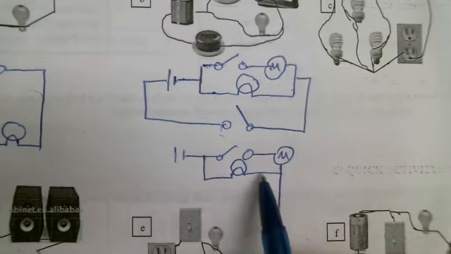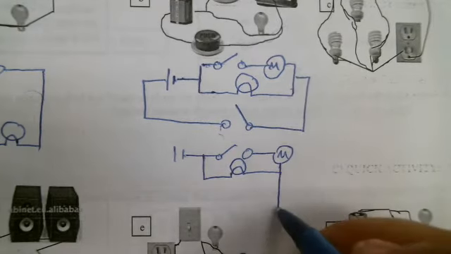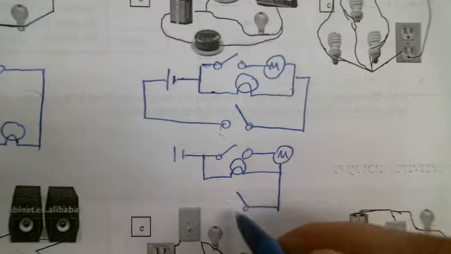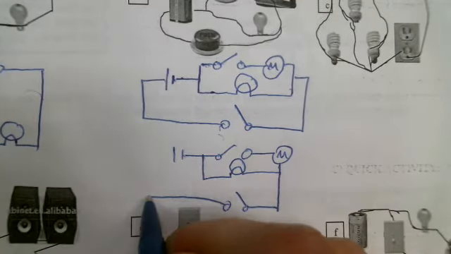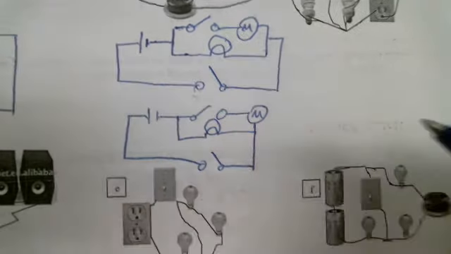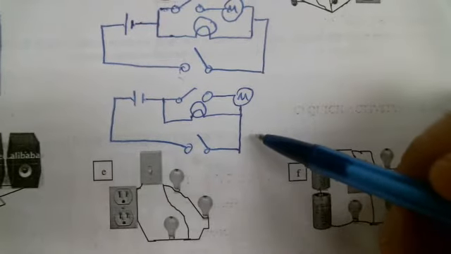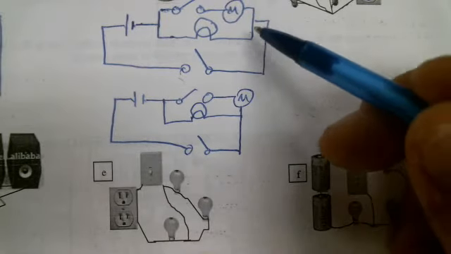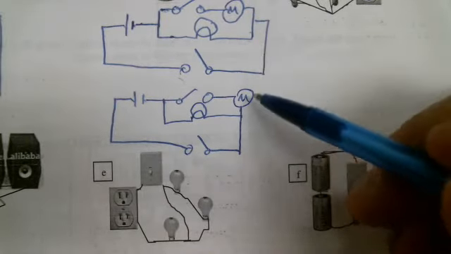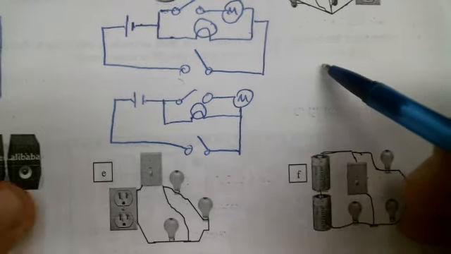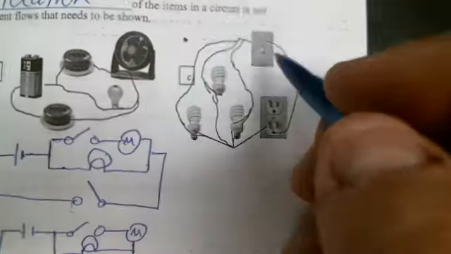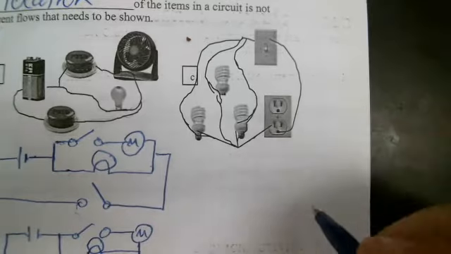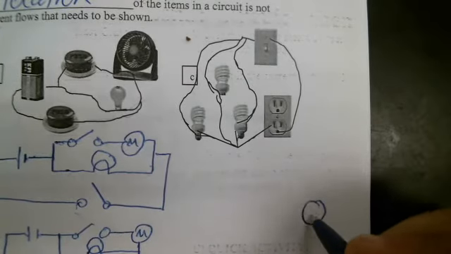So here, after the light bulb, it joins back up. And then we have our button switch, and then back to the battery. As you can see, this is a little bit less complicated looking than that. Either way, it doesn't matter. They're both correct.